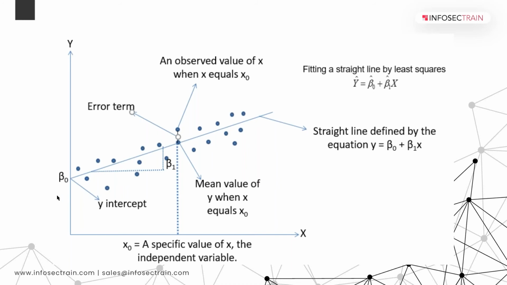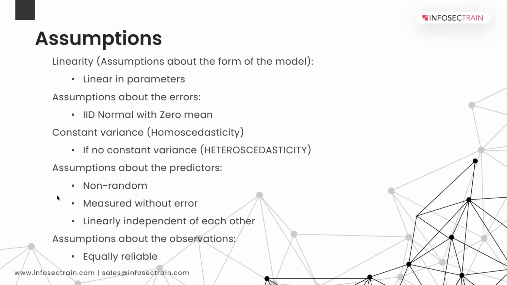So now we can extract these many things from this particular plot. Now for creating the linear regression model, we have so many assumptions. Basically we have four main assumptions. First assumption is linearity, meaning our parameters should be in a linear manner.